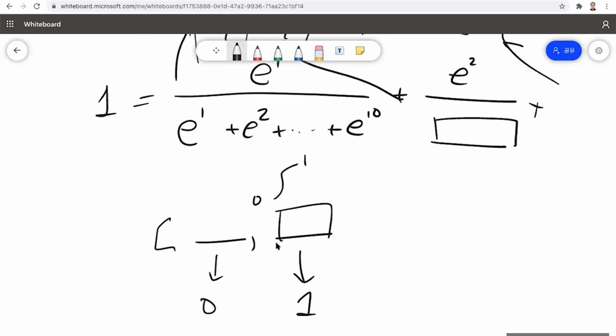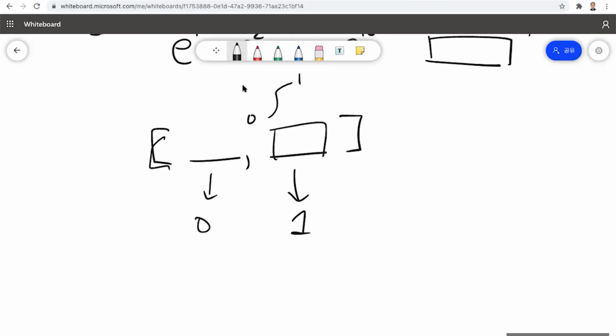But let me clarify this way. Suppose we have only 2 classes, and it says 10 and 20. Then this means that this data set is more likely to be in class 1. So this is the meaning of these 2 numbers.